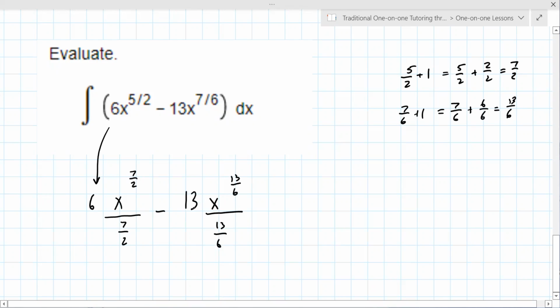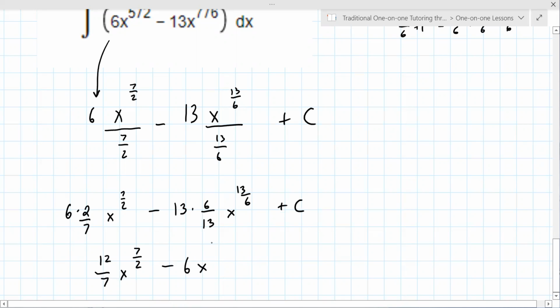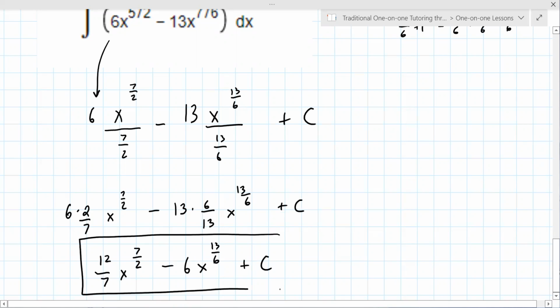13 there. Now, you don't leave it like this. As a reminder here, when you divide by a fraction, it's the same as multiplying by the reciprocal. So it's 6 times 2/7, x to the 7/2, minus 13 times 6/13, x to the 13/6, plus C. And so sometimes you get some nice reductions here. So it's 12 over 7 x to the 7 halves minus 6x to the 13 over 6 plus C, like that.